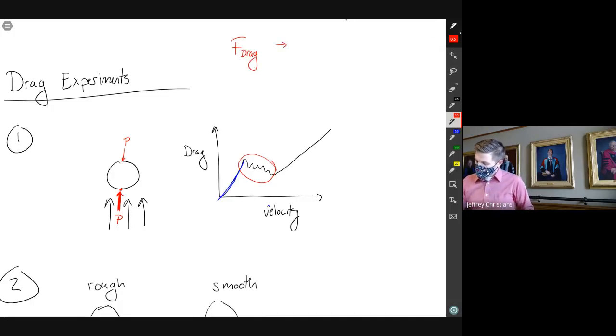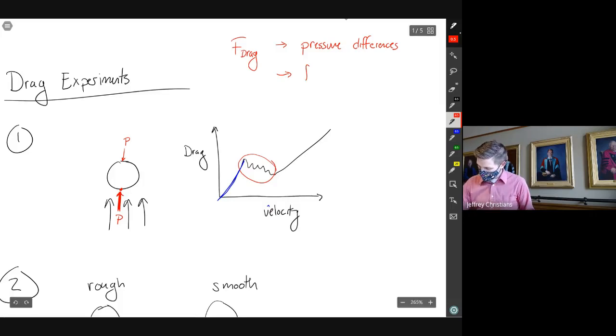Drag force can be caused because of pressure differences. It can also be caused because of fluid friction, right? Like tau equals mu du dy.